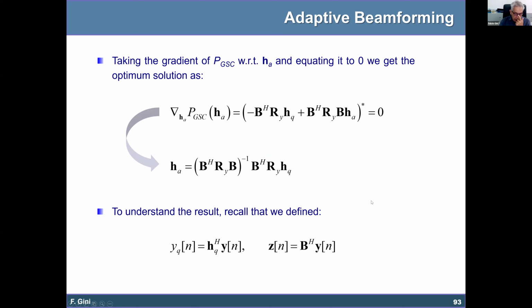And this is exactly the Wiener filter formulation. The solution is the inverse of the covariance matrix of the data that multiplies the cross correlation vector between the data and the desired signal YQ.